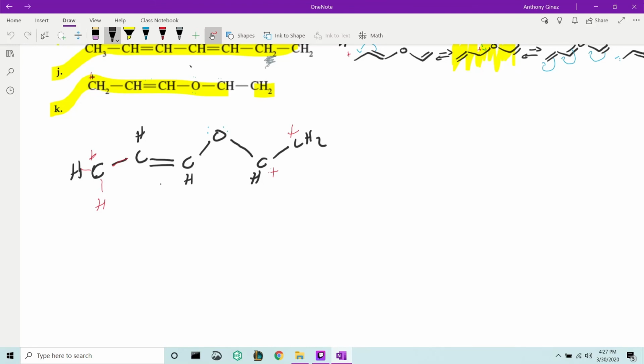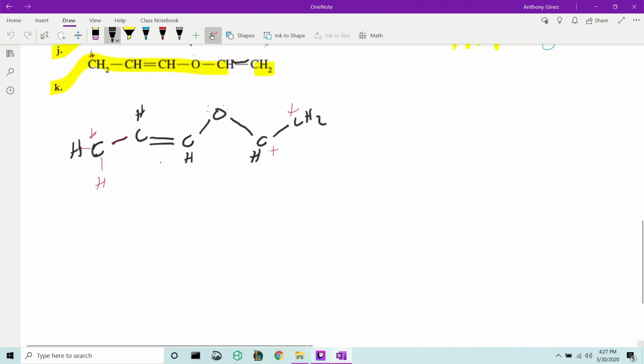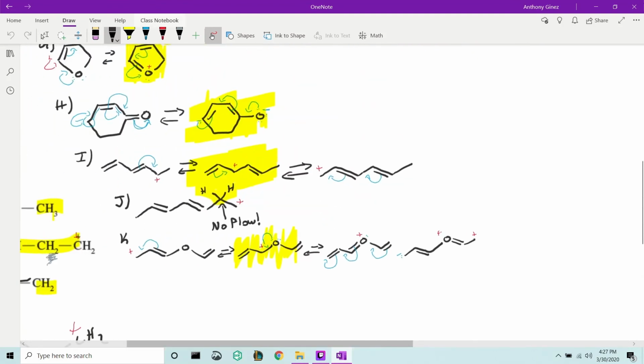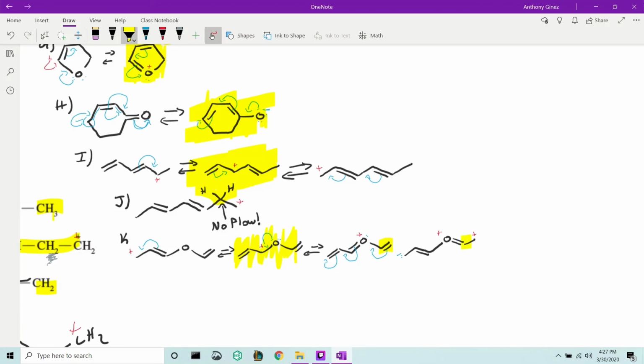If it was a double bond, which is the way that I drew it over on the right here, I drew it in as a double bond, imagining that that would be correct. I'll illustrate my example.